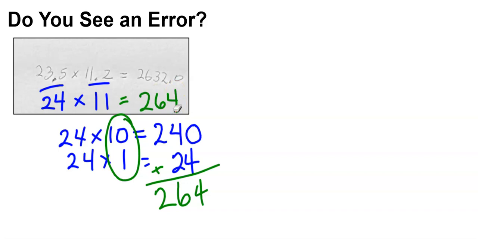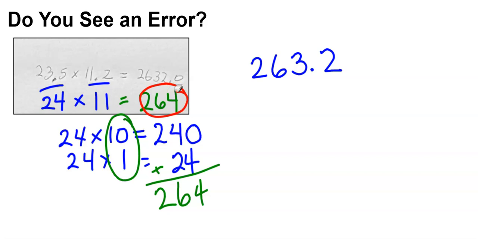So 24 times 11, we estimated here that it's got to be about 264. So now I'm thinking that this person has the decimal in the wrong place. So we think a more reasonable answer would be 263 2/10, which would be really close to our estimate of 264.